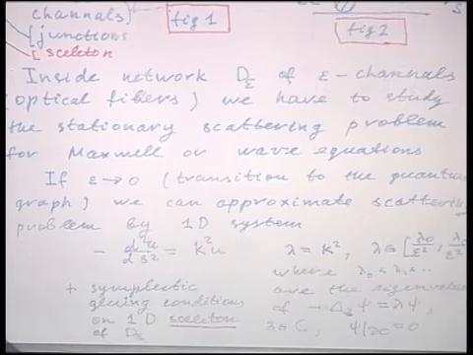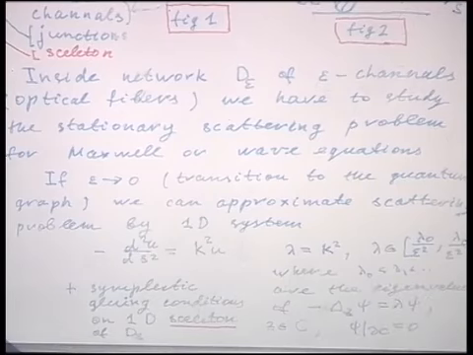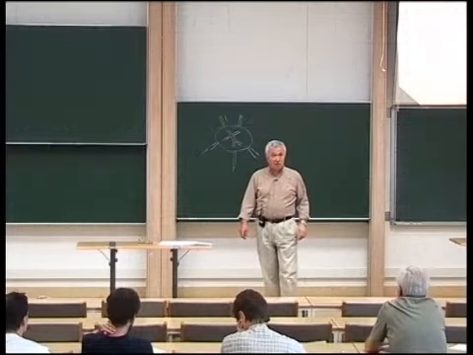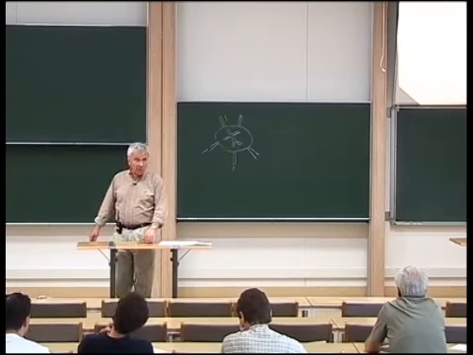And here lambda naught, lambda 1, and so forth, are the eigenvalues of the cross section. We can consider the cross section. This is a two-dimensional domain. We can solve the Dirichlet spectral problem.